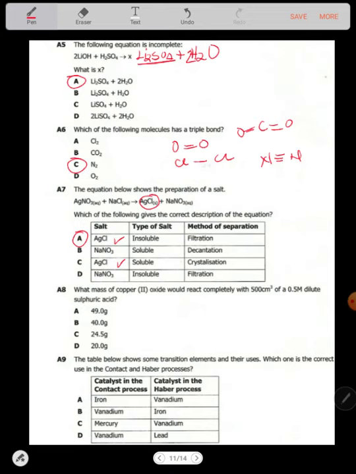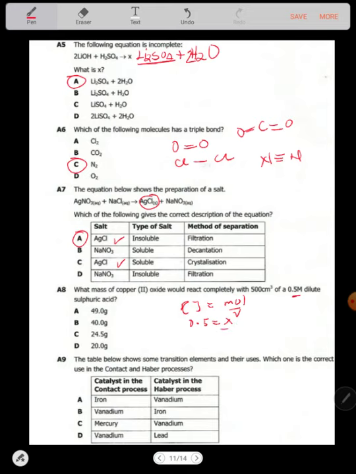What mass of copper oxide would react completely with 500 cubic centimeters of 0.5 dilute sulfuric acid? Okay, now here what we need is to calculate the mass of copper oxide that would react with the 500 cubic centimeters of dilute sulfuric acid. First, we have concentration here. We know that concentration is equal to moles over what? Over volume. Concentration here is 0.5, which is equal to the number of moles, which we don't know, over volume.